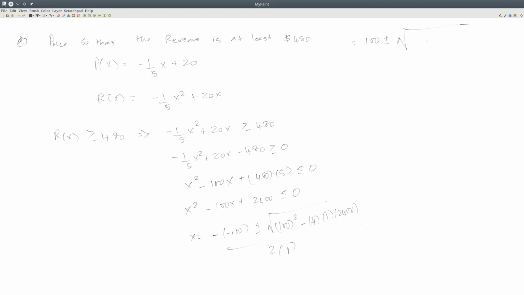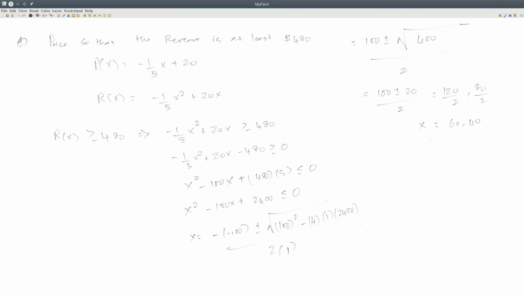That would give us 400 divided by 2. So we have 100 plus or minus 20 over 2, which would give us 120 over 2 and 80 over 2. So the two places where the quadratic equation would become 0 would be at 60 units and 40 units.